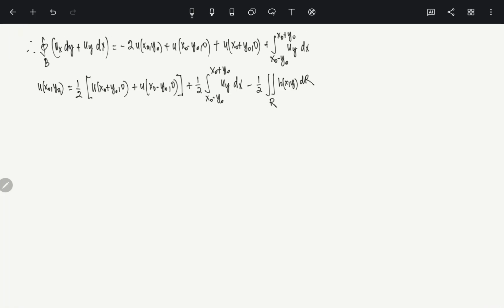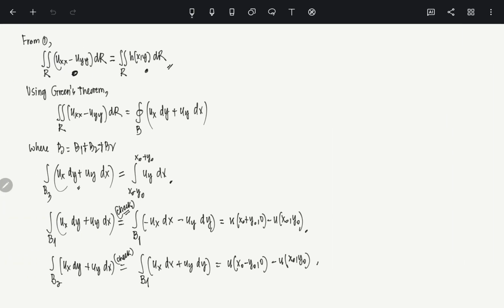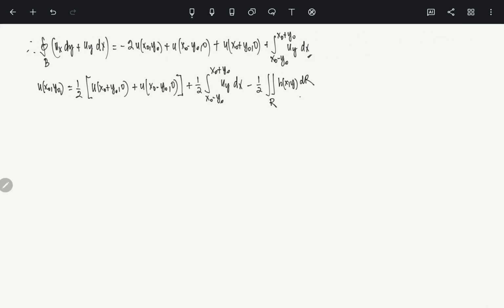So you see, we put all of this together. So essentially this is equal to this particular term. We just rearranged it and put it together. That's what we are going to get.